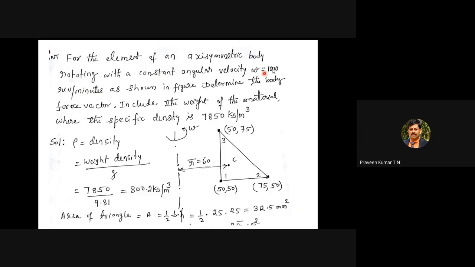Strictly speaking, n is the revolutions per minute, RPM, and omega is the angular velocity. The n is 1000 RPM. This RPM you have to convert into omega. So this is the formula: 2 pi n divided by 60 is omega.